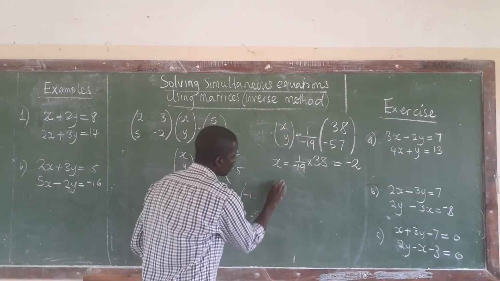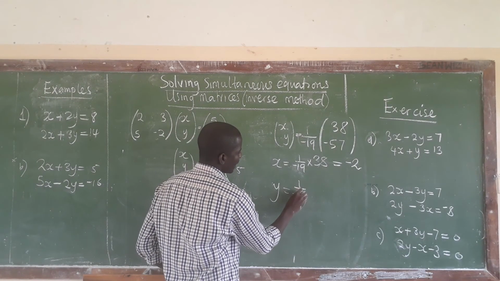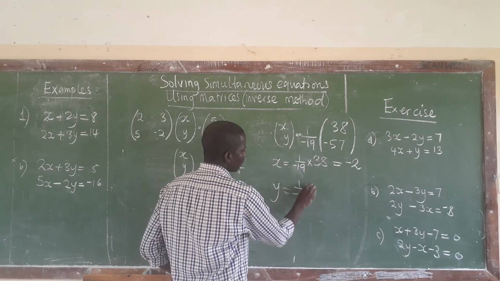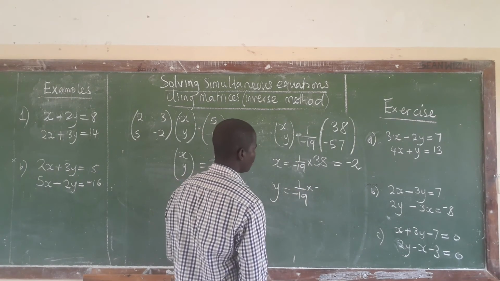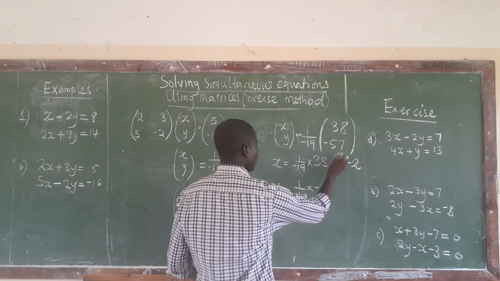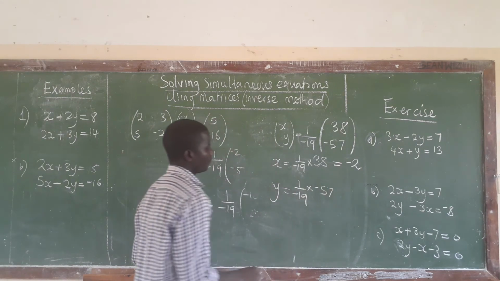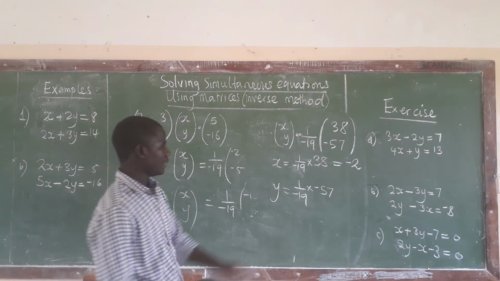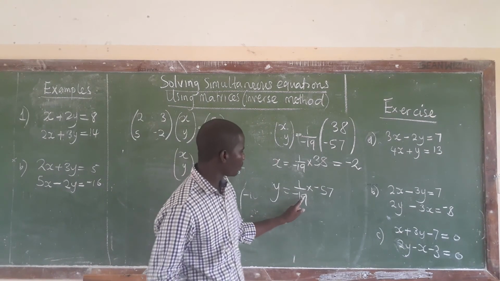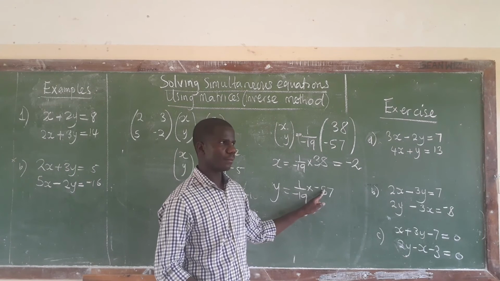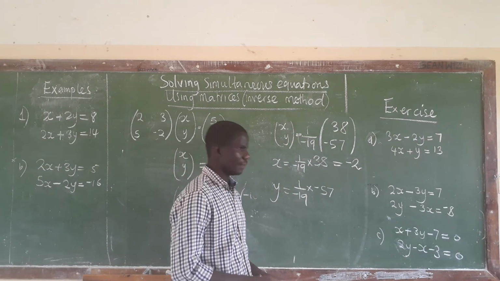Then for y, you say 1 over negative 19, again multiplied by negative 57. Alright? So we look at how many times 19 goes into 57.